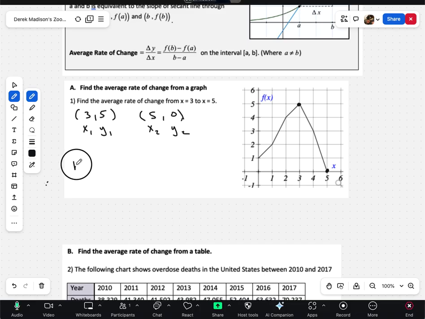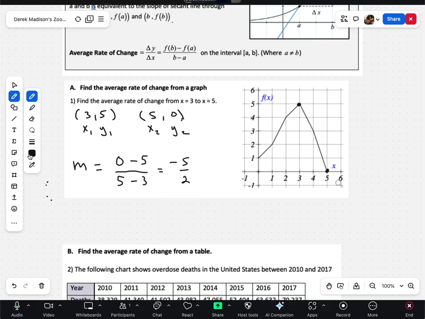So if we go to find our slope, which is our average rate of change, this becomes y2 minus y1, so 0 minus 5 over x2 minus x1, 5 minus 3. So our change in y over our change in x, and that gets me negative 5 halves.